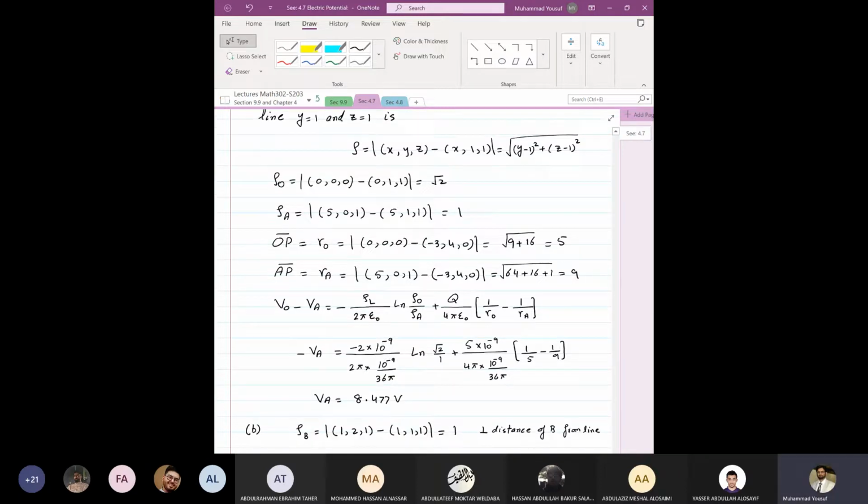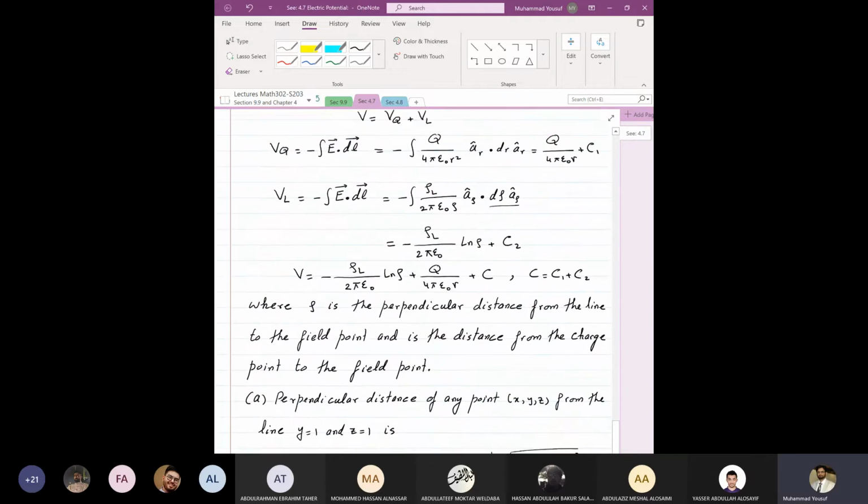This is the distance between point A and point P. Point P is where the 5 microcoulomb charge is located, and point A is 5, 0, 1. When we calculate this distance, we get 9.